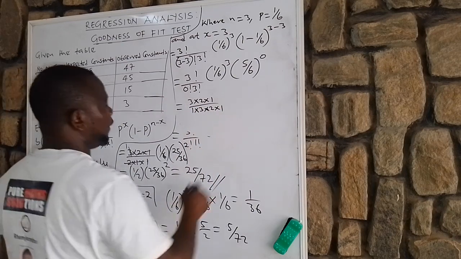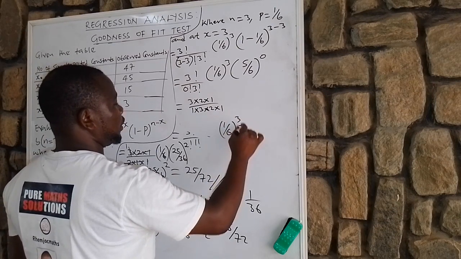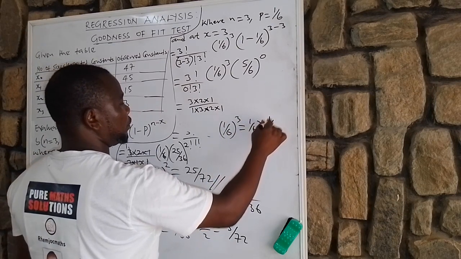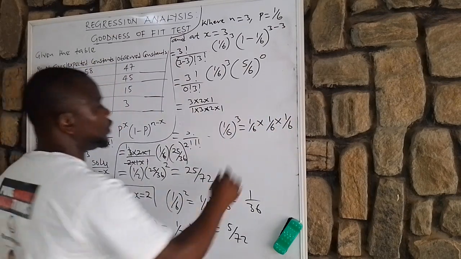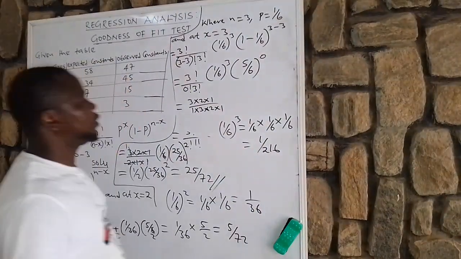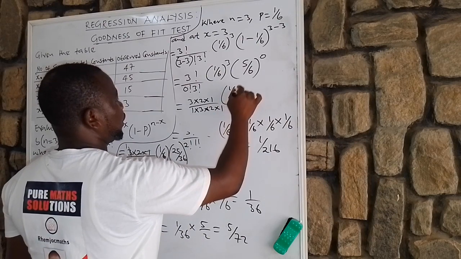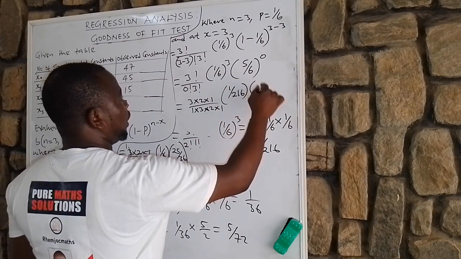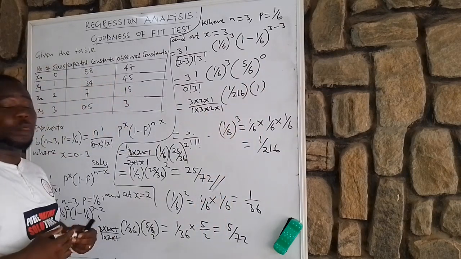Then when we have 1 all over 6 raised to the power of 3, this is the same as 1 all over 6 times 1 all over 6 times 1 all over 6. So this will give you 1 all over 216. Take note. Then times here will be 1, because anything raised to the power 0 is 1.